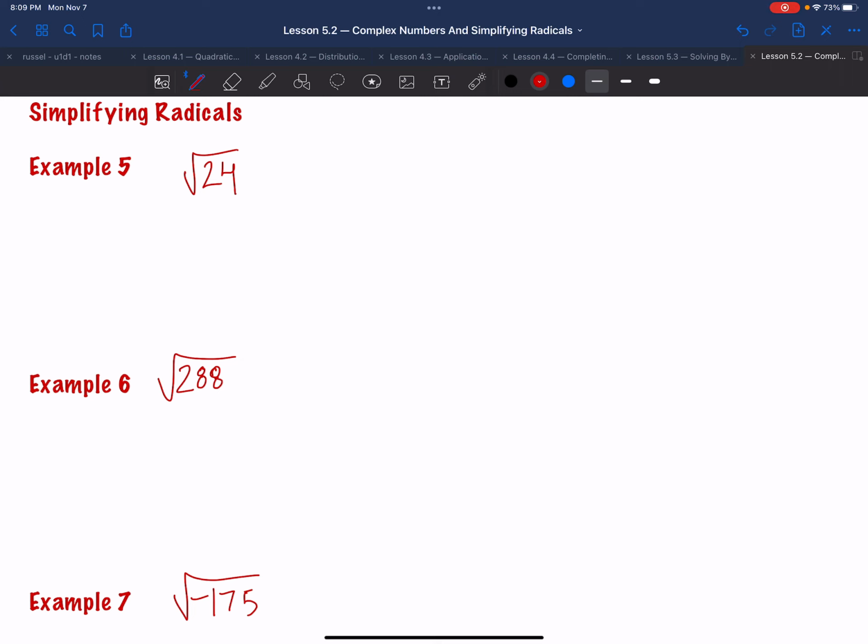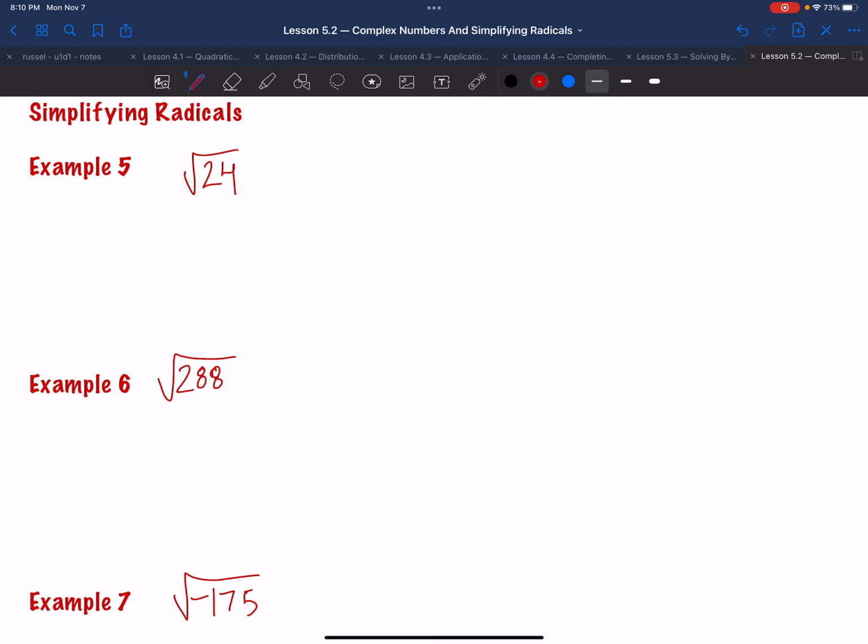We're mostly going to be talking about square roots right now because the unit is focused on quadratics. We'll come back with cube roots and higher roots in the future when we talk about our radicals unit. But for today, we're just focused on square roots.